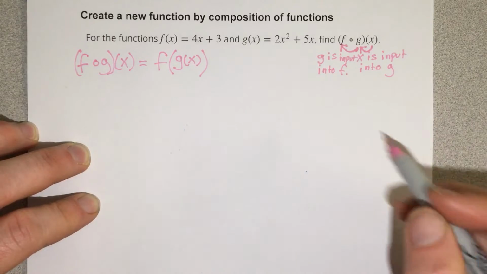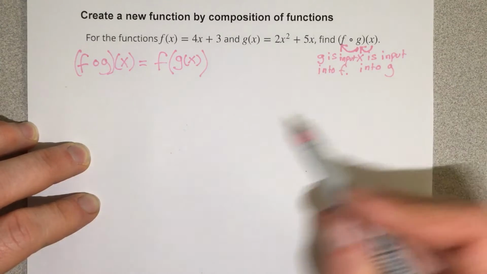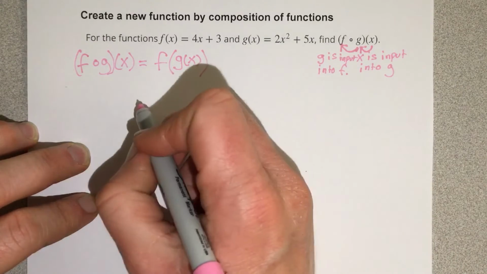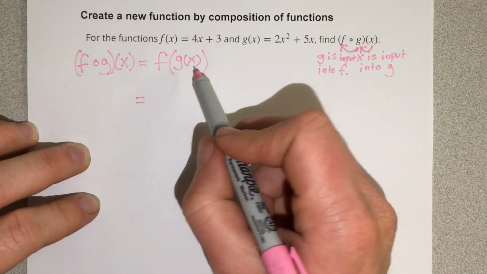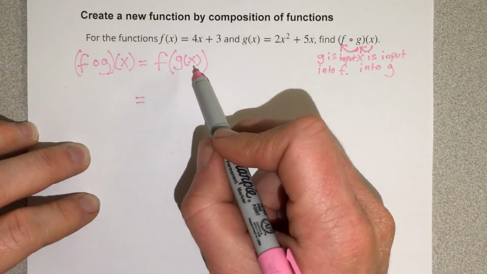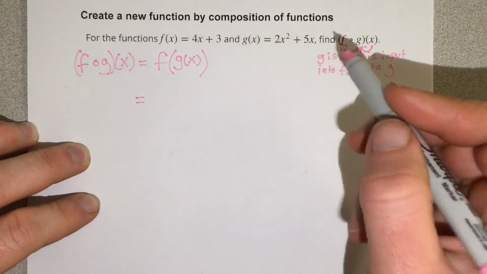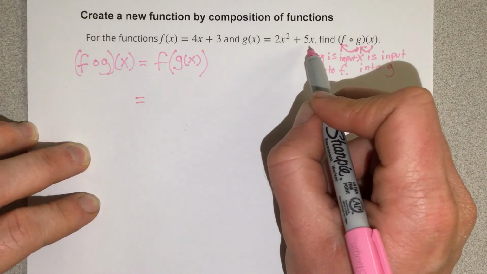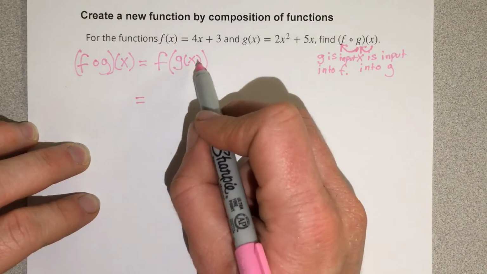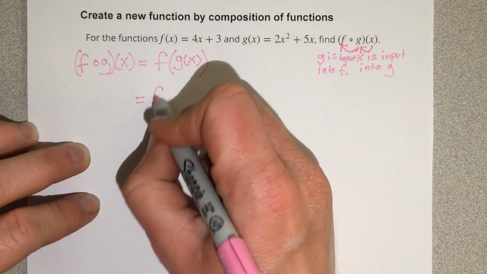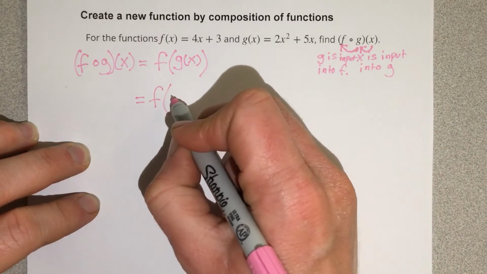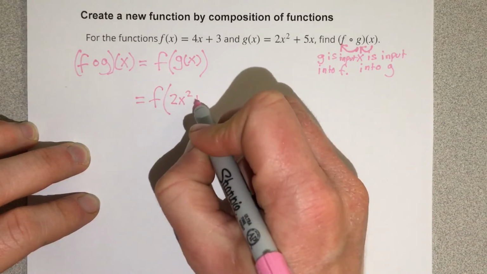Kind of got those a little close together. Hopefully you get the idea. So what we're doing is we're taking the g function and we're plugging it into f. The g function is 2x squared plus 5x, so I'm going to replace g of x with what it is and write f with an input of 2x squared plus 5x.